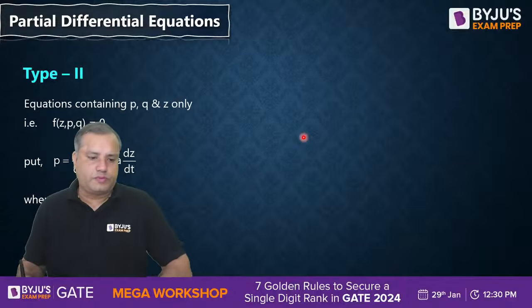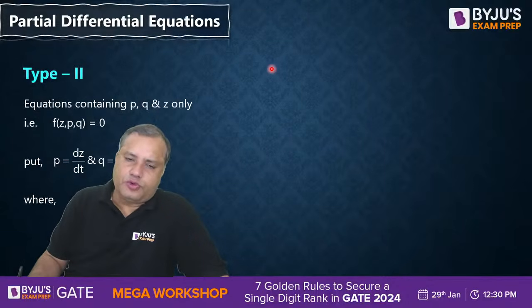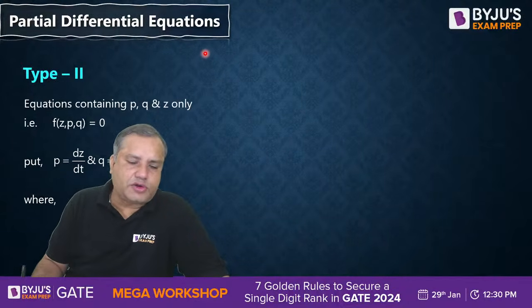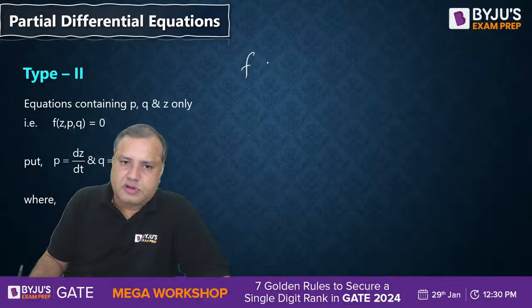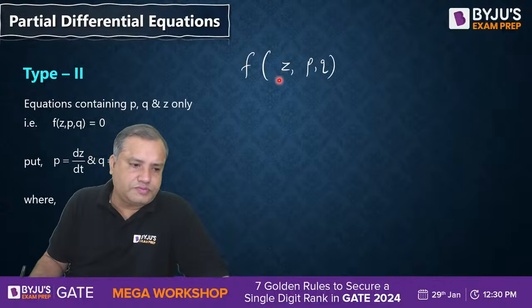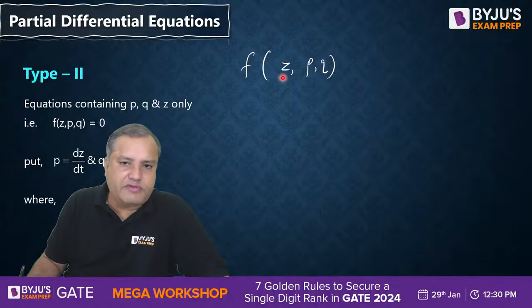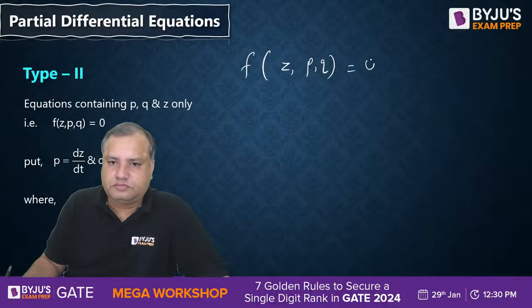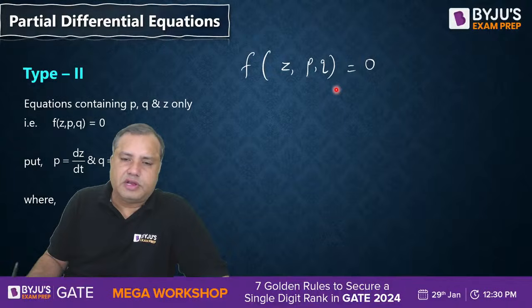Now type 2. In type 2, one more parameter is introduced. p and q were already there. We introduced z also. Now, what you have to do in this equation?